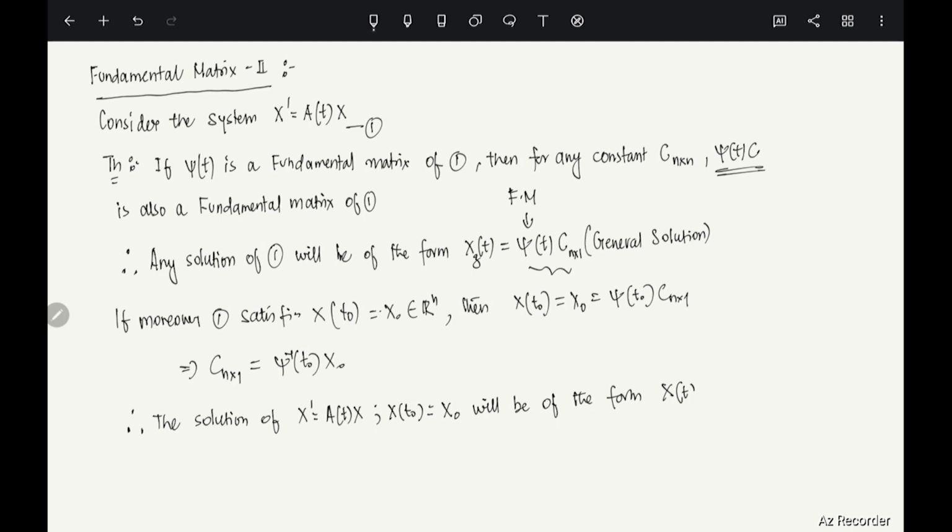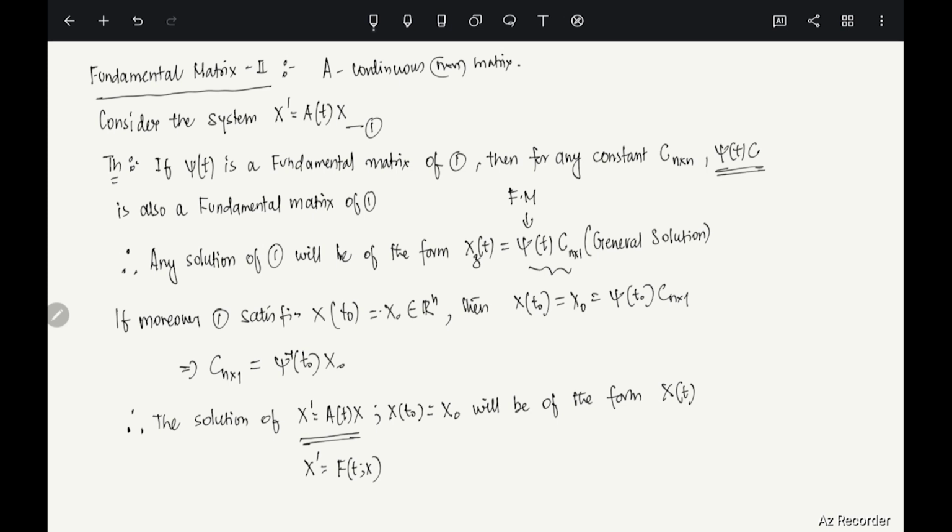x of t. Please remember this problem is in the form x prime equals f of t, x. In the whole entire course, we assume that A is a continuous n cross n matrix, continuous with respect to the t variable and C1 with respect to the x variable.